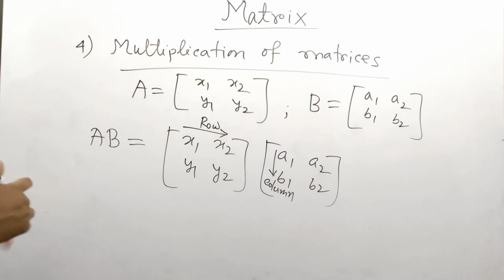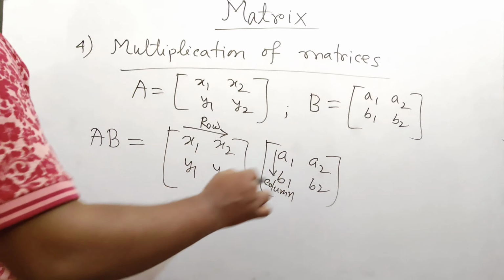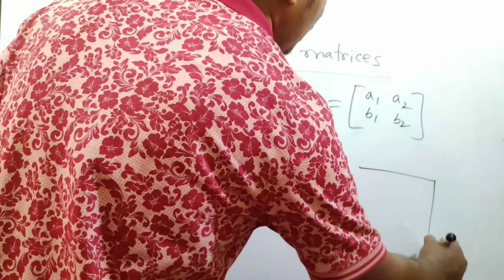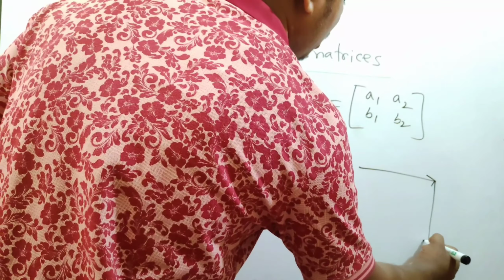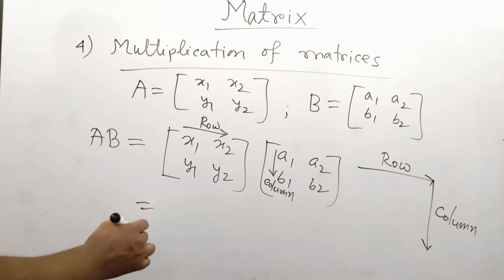We first multiply the first column of the second matrix with the two rows of this first matrix, that is row column. So multiply the column with row, this is row, and this is column. You just maintain this order, then it will be easy for you, because here you need to do the multiplication, same thing again and again.